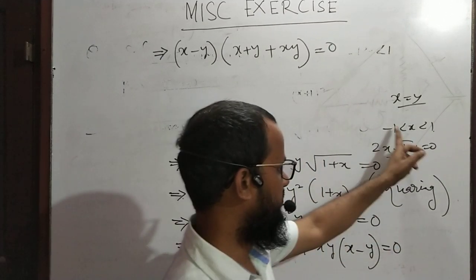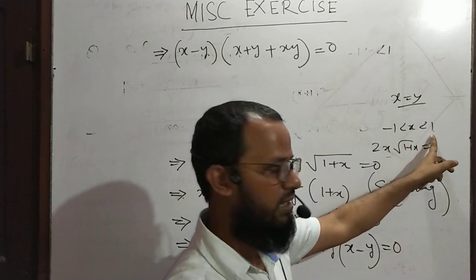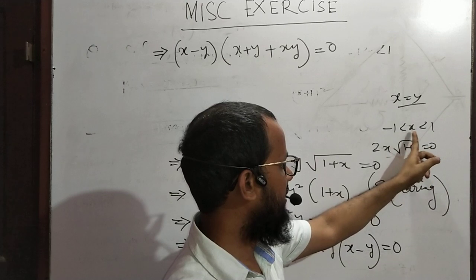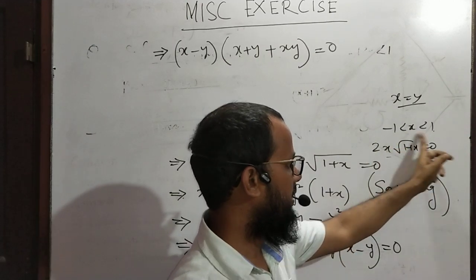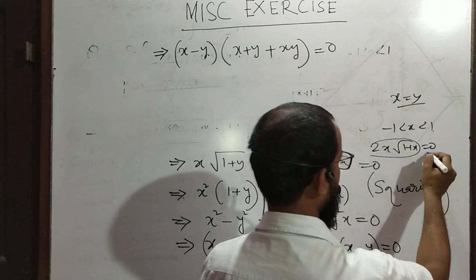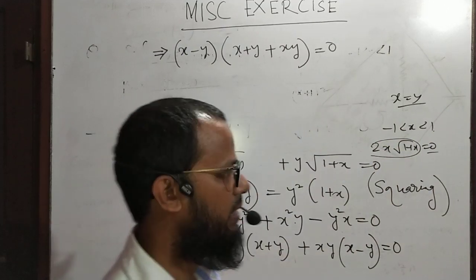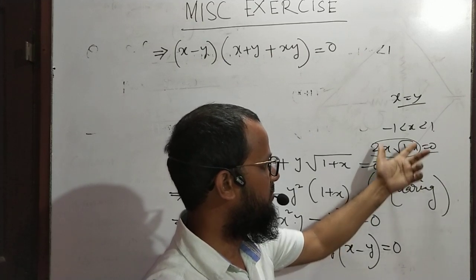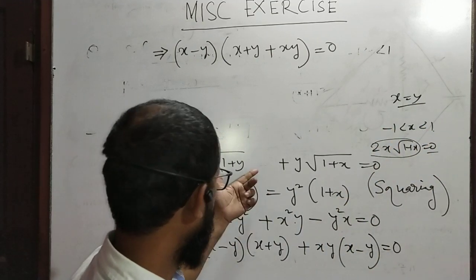When x is equal to 0, left hand side equals right hand side, and when x is not equal to 0, the left hand side is a non-zero quantity while the right hand side is zero. So under this condition x cannot be equal to y.